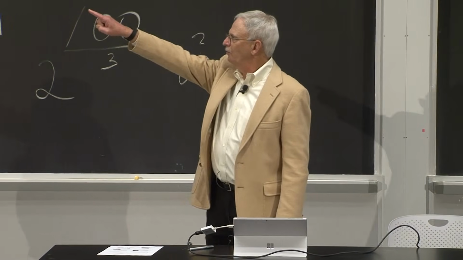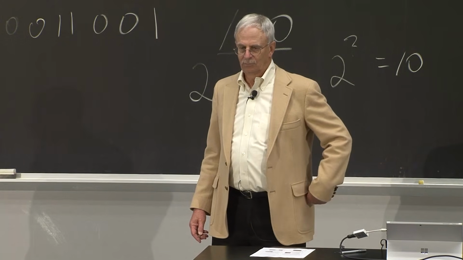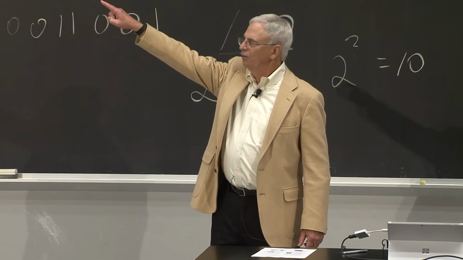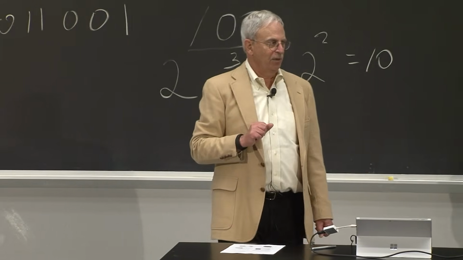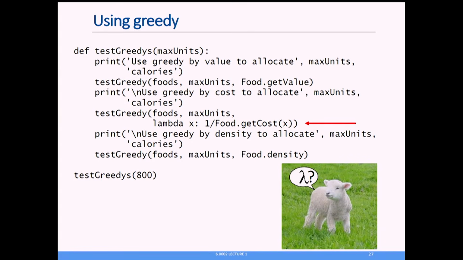you can see that what I've done is lambda x, 1 divided by food.getCost of x. Notice food is the class name here. So I'm taking the function getCost from the class food, and I'm passing it the parameter x, which is going to be what?